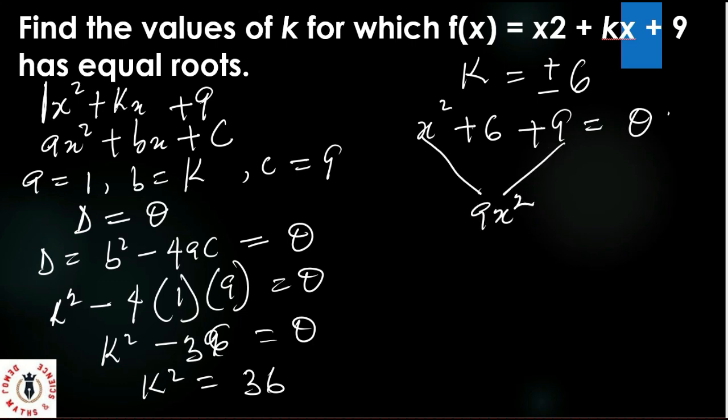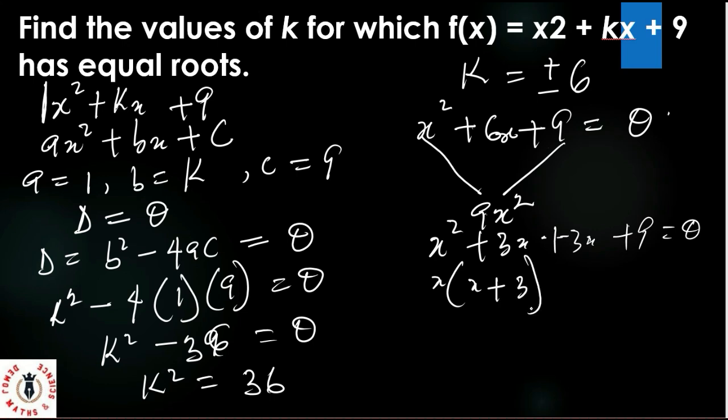What are the factors of 9x squared that when I multiply them together give me 9x squared, and when I add them together give me 6x? That will be 3x and 3x. That's x squared plus 3x plus 3x plus 9 equals 0. So x into x plus 3, plus 3 again into x plus 3, equals 0.